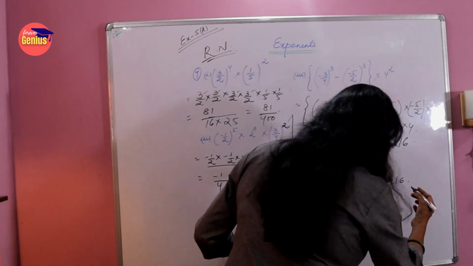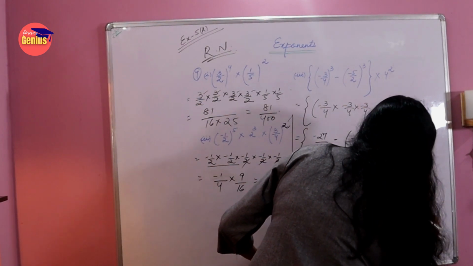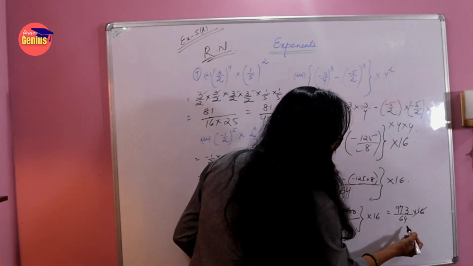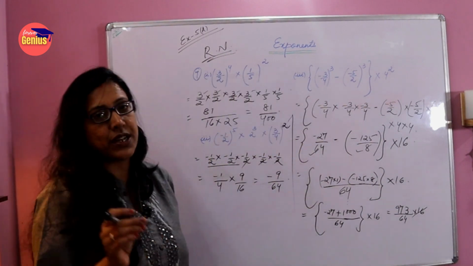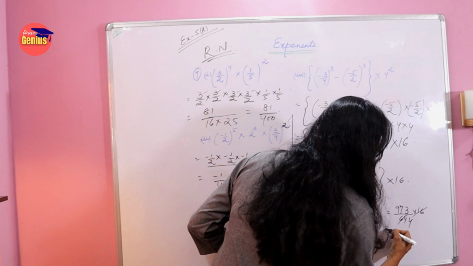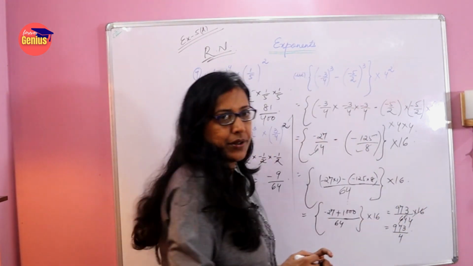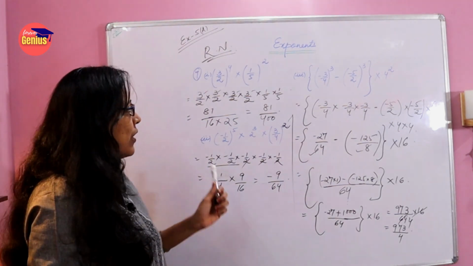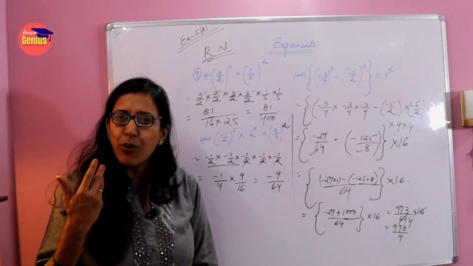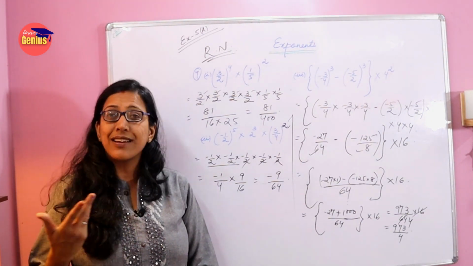This equals 973/64 times 16. Now 16 1s are 16, if I go to the table of 16, 16 4s are 64. So the answer is 973/4. Simply. Now let's see a little more complicated sum, but that also we can do with greater ease.